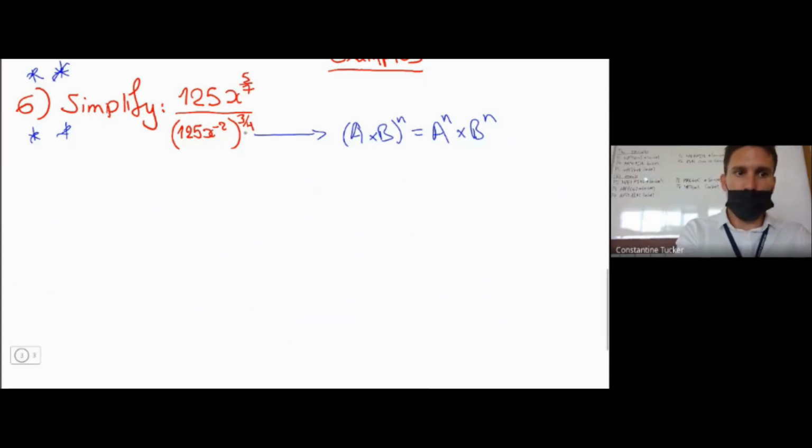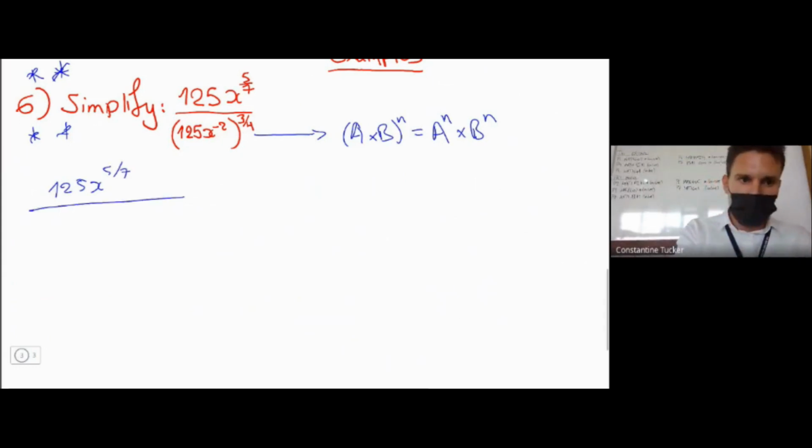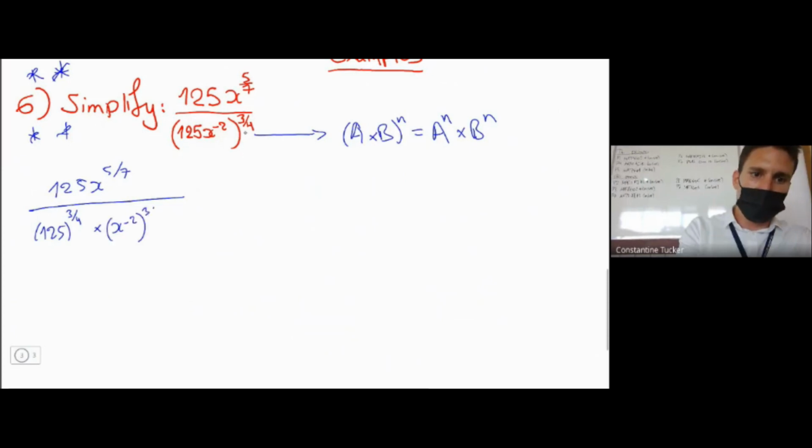So let's go ahead and do that. So this is going to give us 125x to the power of 5/7. I'm not changing anything in the numerator, but the denominator will give me 125 raised to the power of 3/4 times x to the minus 2 raised to the power of 3/4.